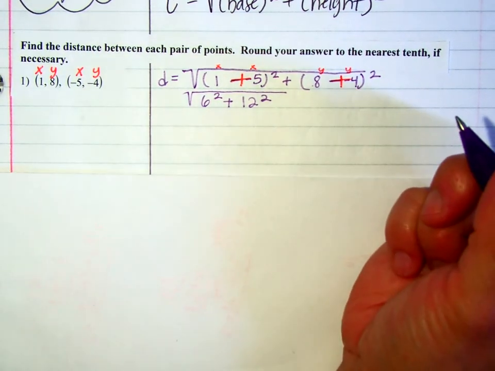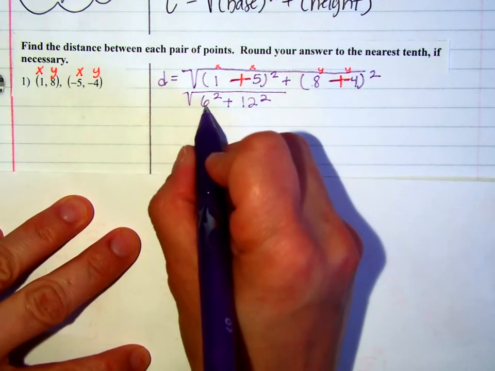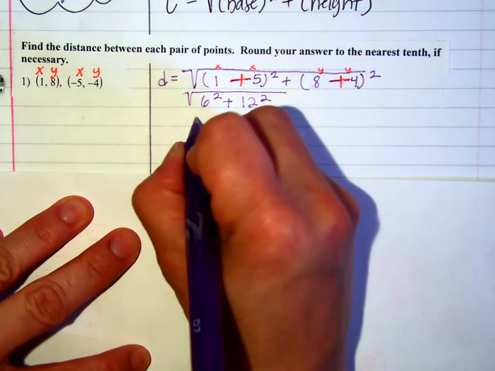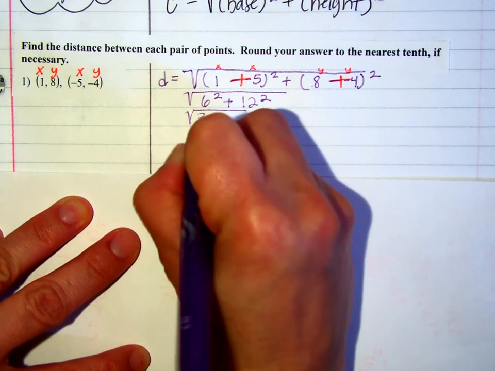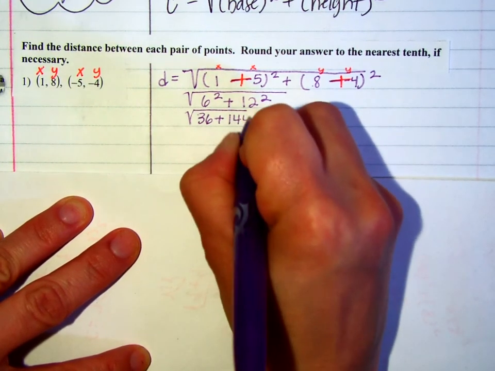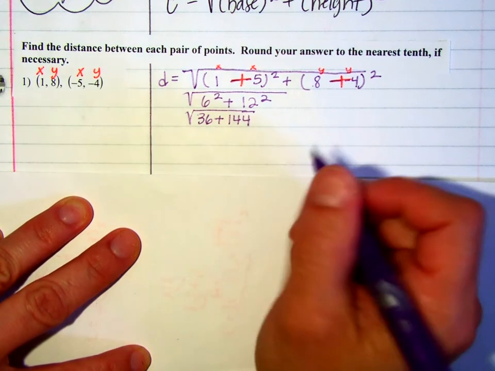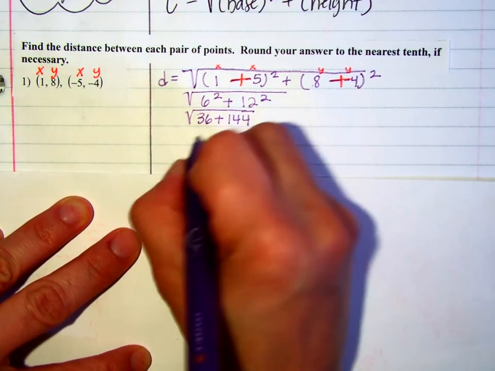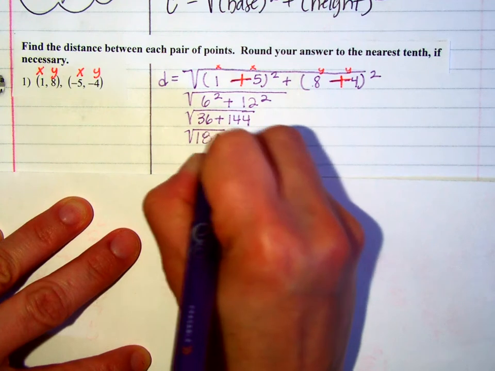Now remember, you can still use your calculator to figure out how to square numbers, or you can multiply the number by itself. So for me, my square root is getting smaller. 6 to the second power is 36, and 12 to the second power is 144. Now I'm going to add those together, 36 plus 144, and it looks like I'm going to get the square root of 180.